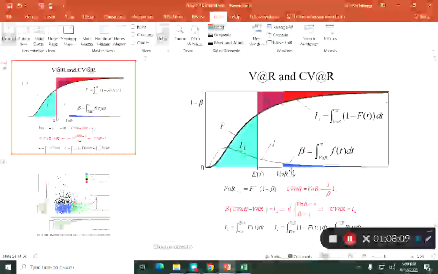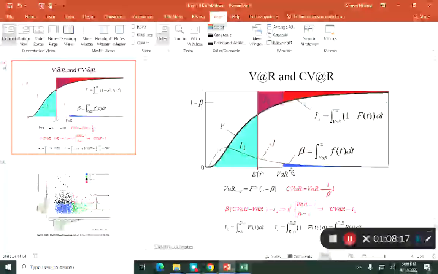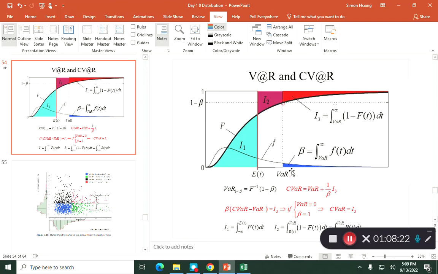The residual value is getting smaller if you keep waiting. Back to my firecracker for New Year's. If you wait, you realize there's not much left. If there's not much left, what do I care?